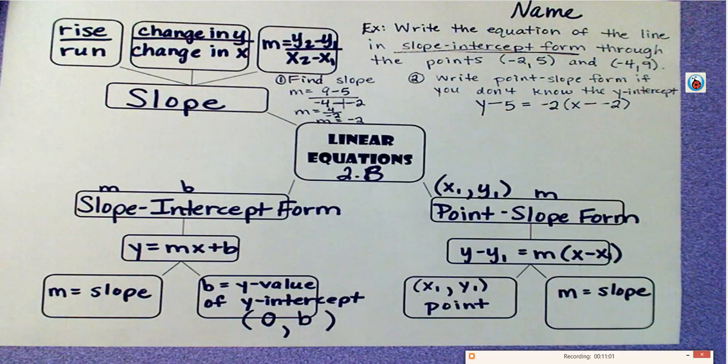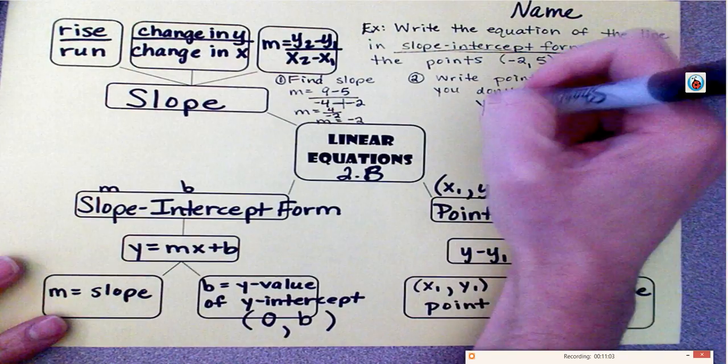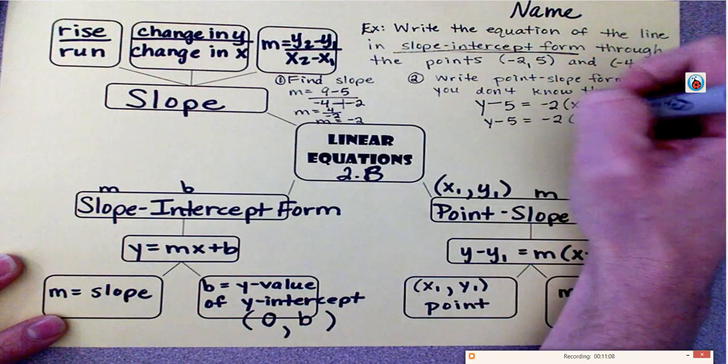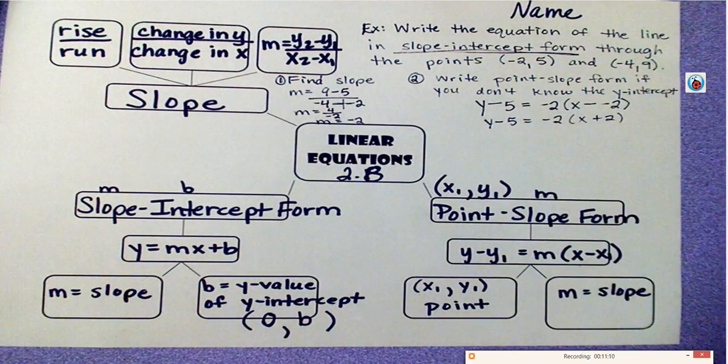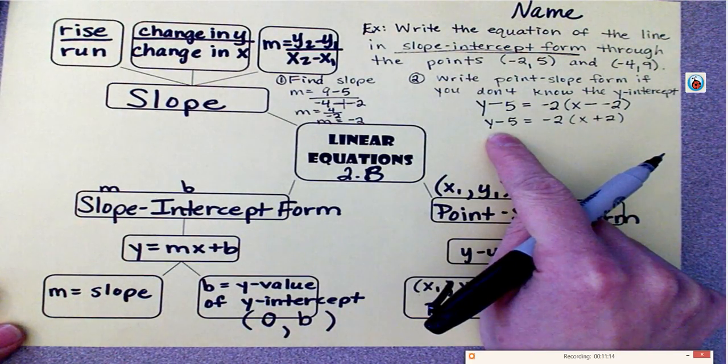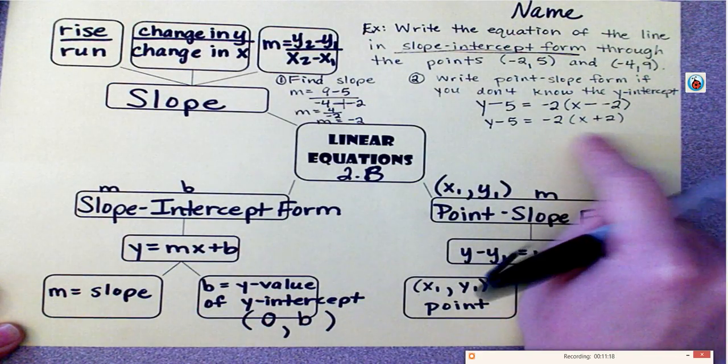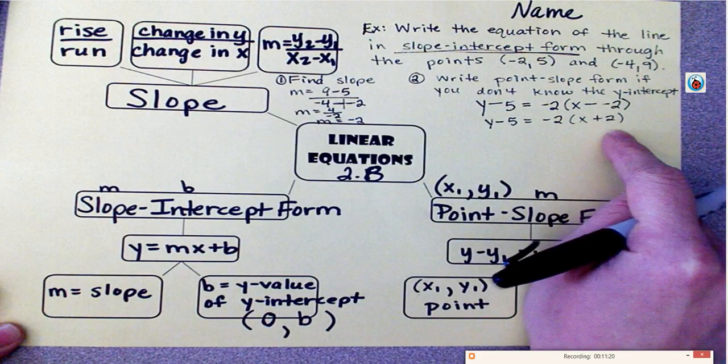If you have a double negative, make that a positive first. Then I can't add 5 to both sides because I have something in parentheses here. I need to distribute that -2 through my parentheses first.